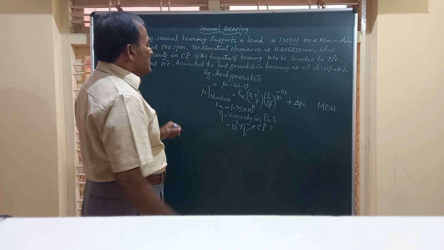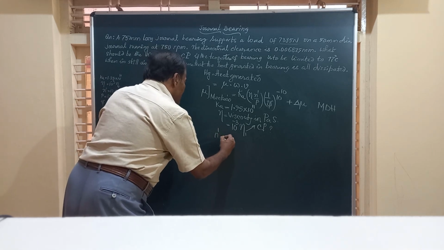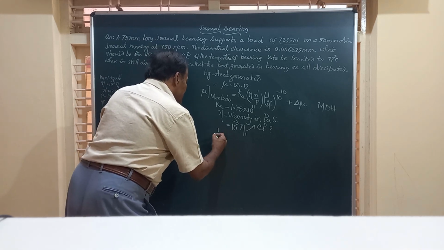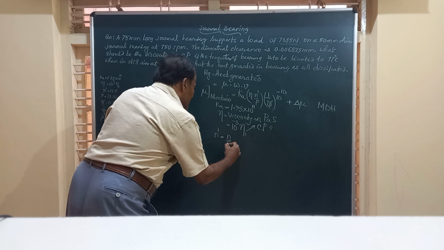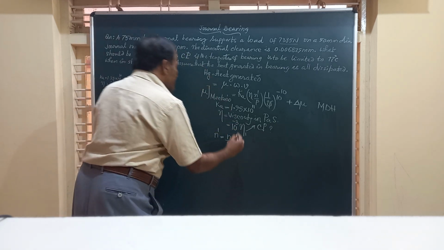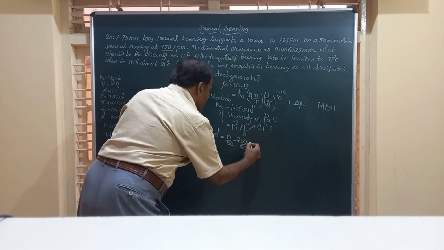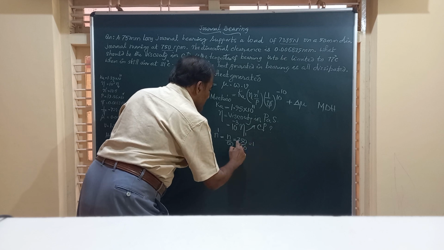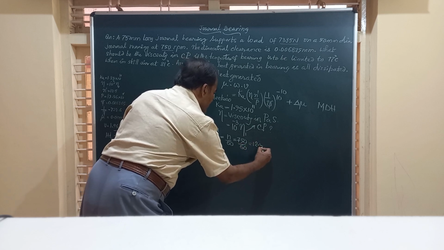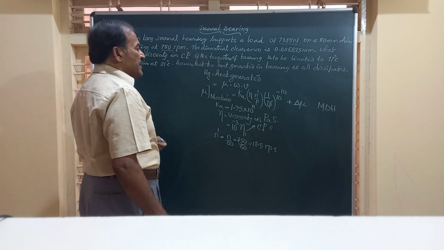Now friends, we have this n dash. N dash stands for the speed of the journal, that is rpm by 60. The rpm is given to be 750, the speed of rotation, by 60. So that works out to 12.5 rps, which is the value of n dash.